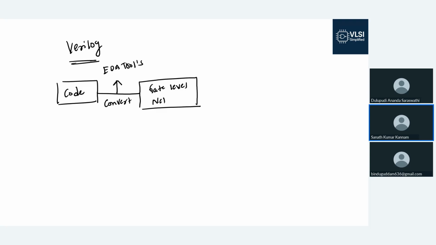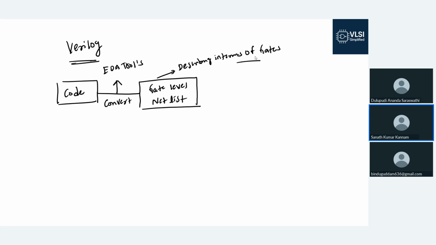So what is a gate level netlist? It describes whatever circuit there is in terms of gates. In digital, we already saw that we design the full adder using NAND gates, half adder using NAND gates, full subtractor using NAND gates, half subtractor using NAND gates.